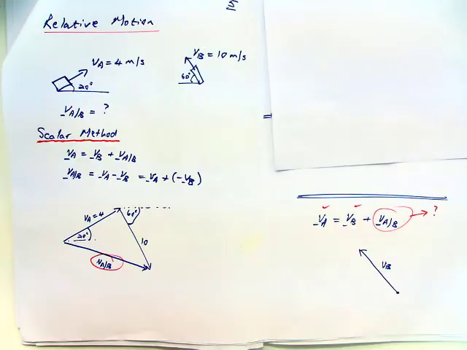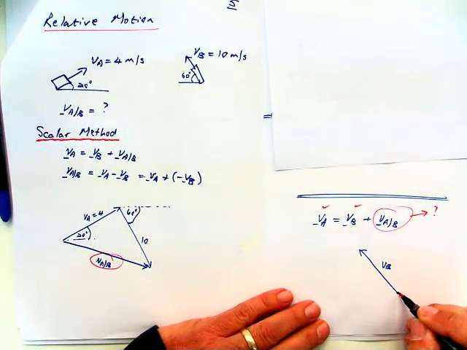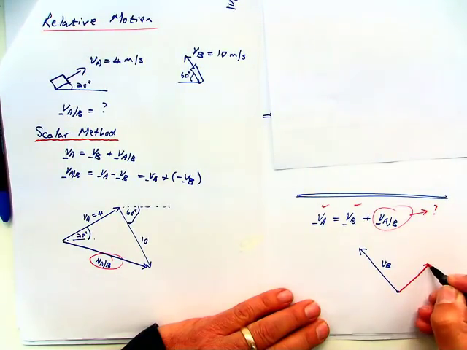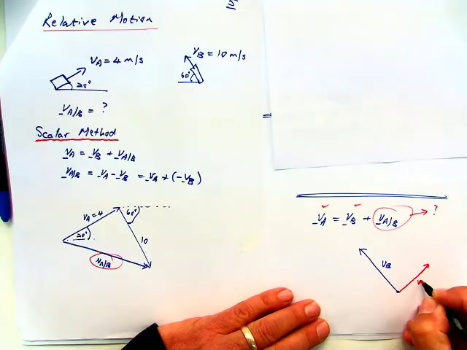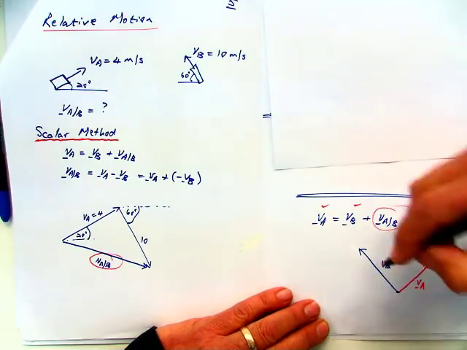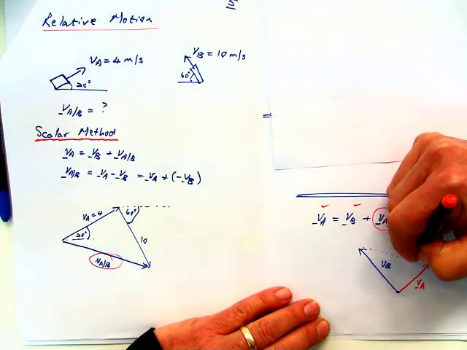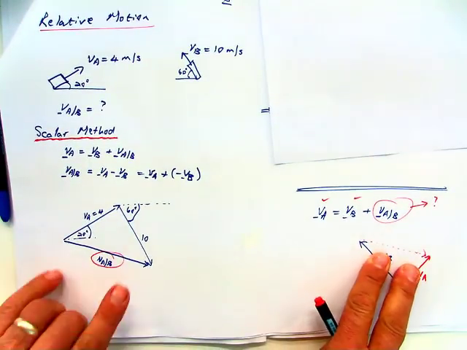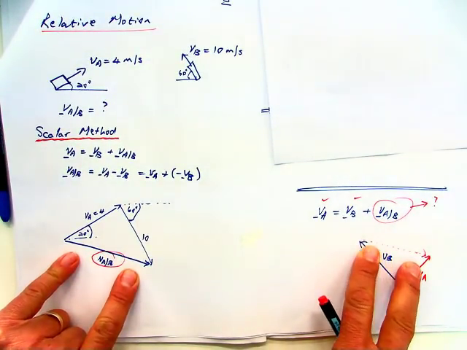And the velocity of A should be the resultant. So the velocity of A is somewhere over here. So that one plus something, so that something has got to be over here. That line will be the same as this line.